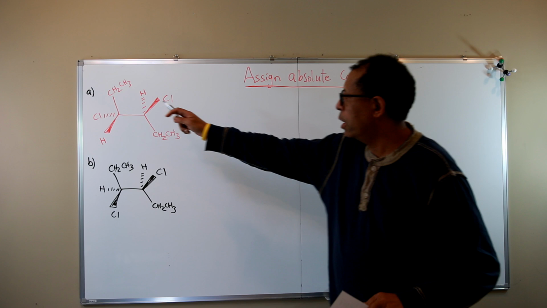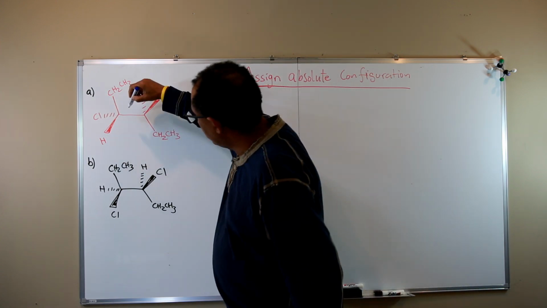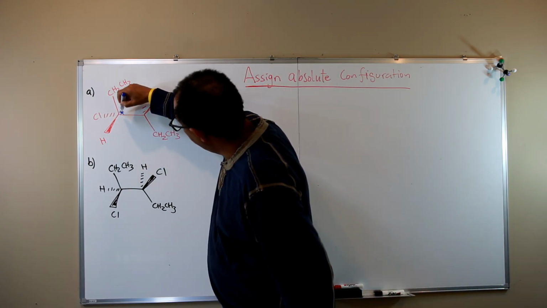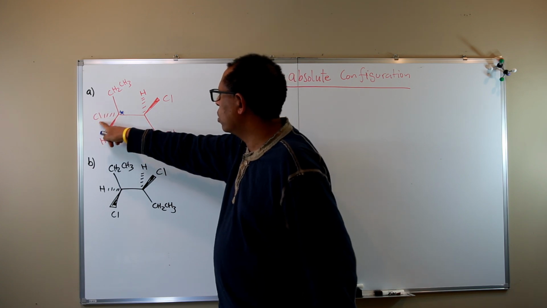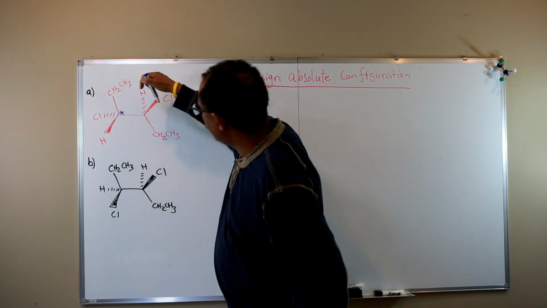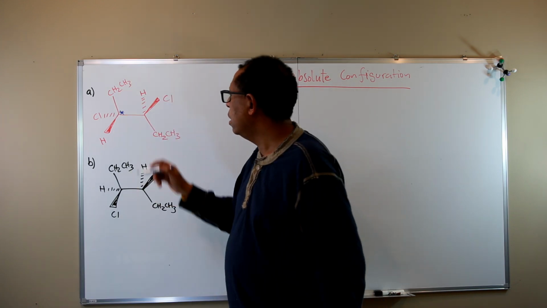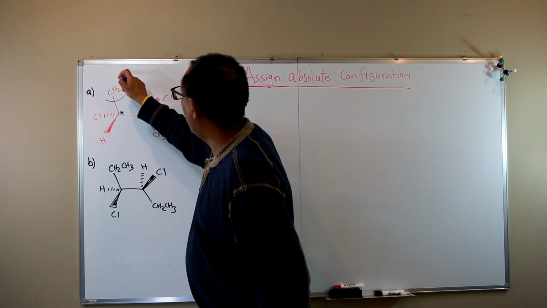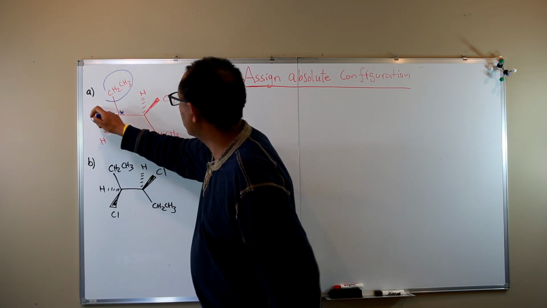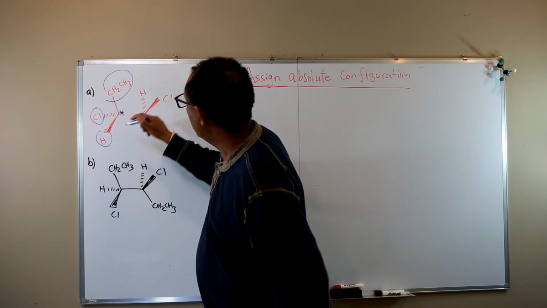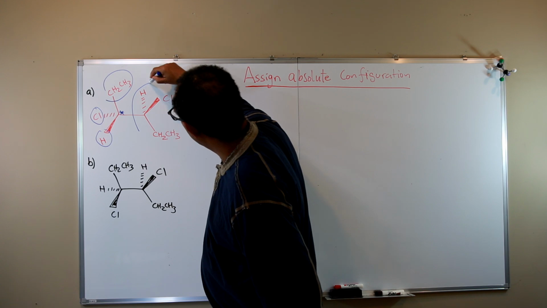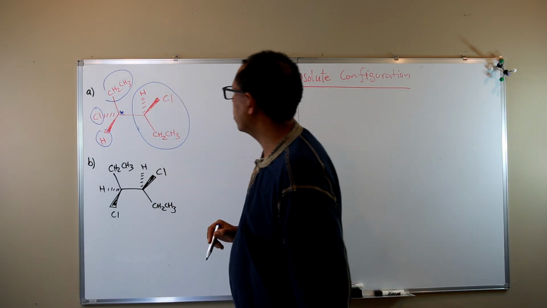So when you look at A, the stereogenic center is this carbon, because it has one group, two groups, three groups, and the whole of this is one group. That is, this is an ethyl group, this is a chloro group, this is a hydrogen, and this whole substituent is another group.